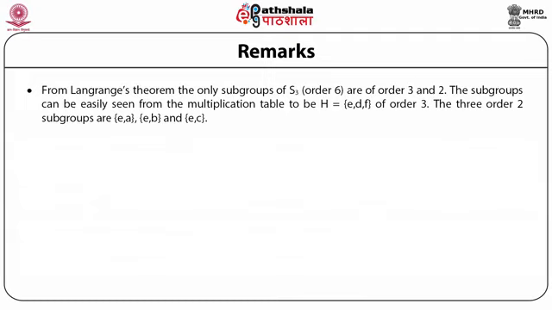The three other subgroups of order 2, and each contains the identity element along with the element A or the element B or the element C. Thus, the possible subgroups of S3, which by Lagrange's theorem can be only of order 3 and 2, are indeed a subgroup H of order 3 consisting of elements E, D, F, and three subgroups of order 2 consisting of elements E, A, E, B, and E, C respectively.